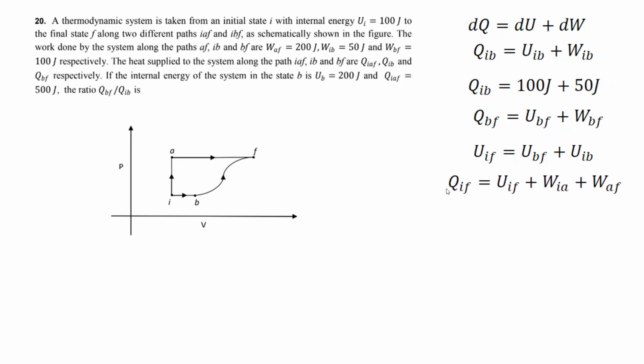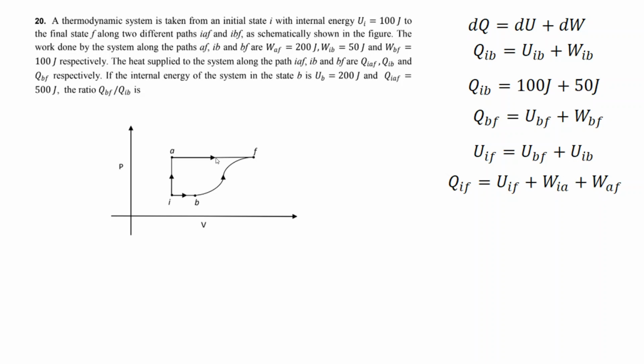Now QIAF is equal to UIF plus WIA plus WAF, that is the heat transfer when the system moves through the path IAF is equal to the change in internal energy along this path plus the work done from I to A plus the work done from A to F. Now the work done from I to A, you can see that the volume is constant, so the work done is 0, so WIA is 0.